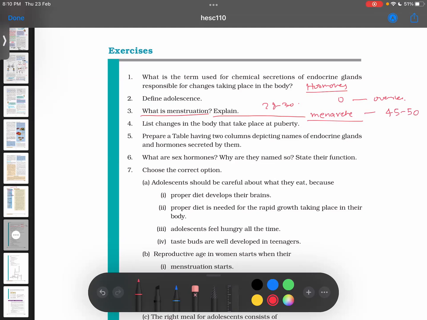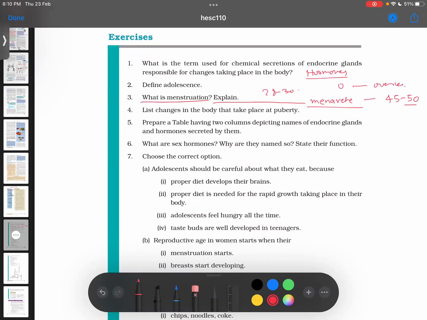Okay, all right. Now, list changes in the body that take place at puberty. What happens when a person reaches puberty? Sir, the height increases. They have a growth spurt. Right, their height increases, their weight increases, and the voice changes.